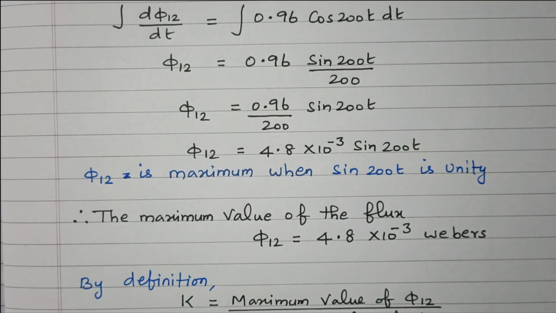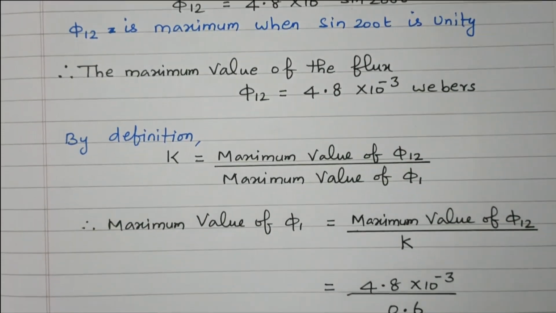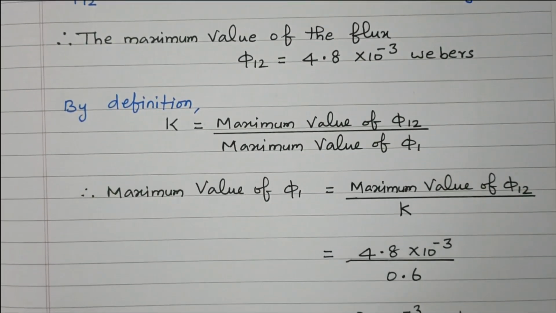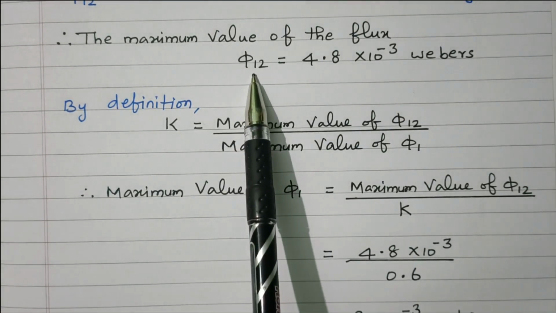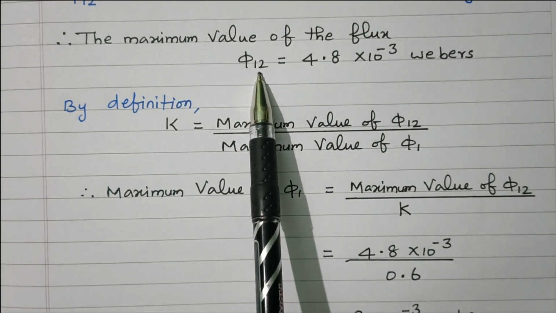Now our aim is to find the maximum value of flux in the first coil. This is the flux linked with the second coil due to the first coil.